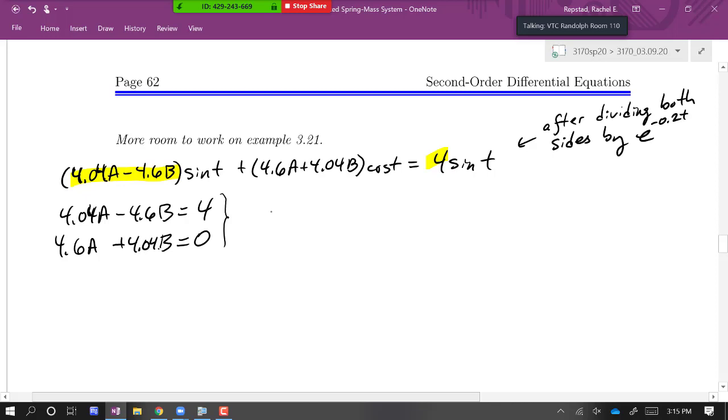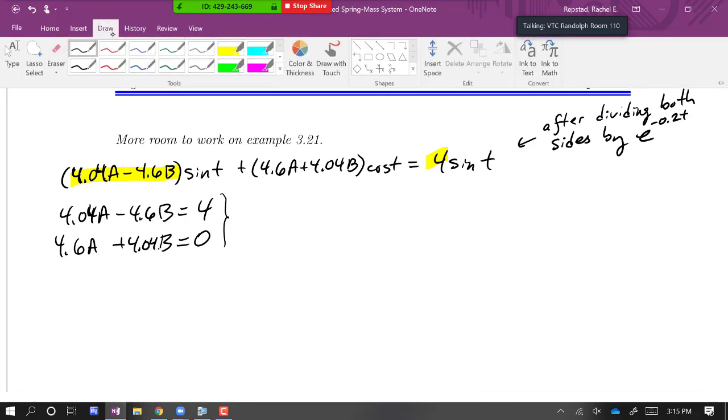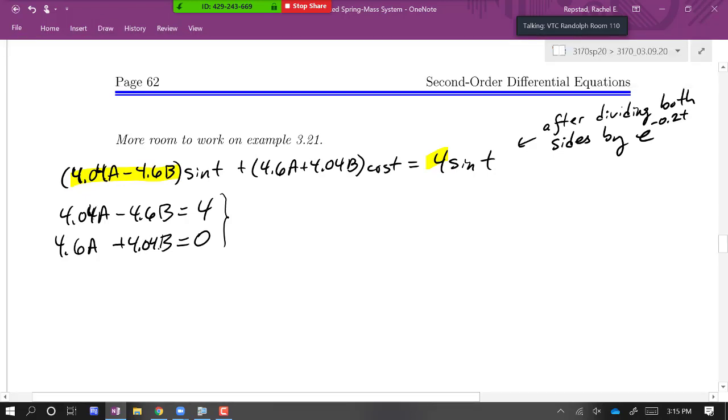Here's how we put this into a matrix. If you have a system of equations, here's what's important: I have my A term first, then the B term, and then I've got my equals and then the constant. So that system is in the standard form. And then the matrix looks like this.